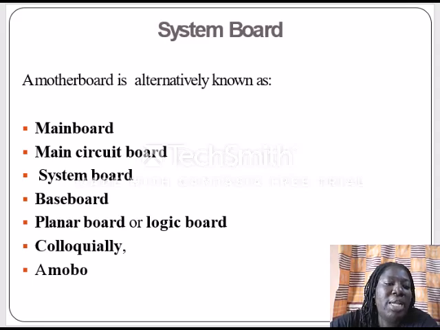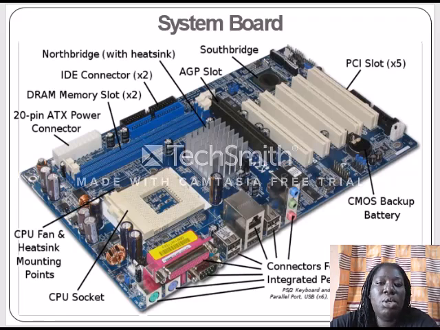Now let's look inside at what is on the motherboard. So this is a pictorial of a motherboard or system board or mobo. These are the things that you can see on a motherboard.